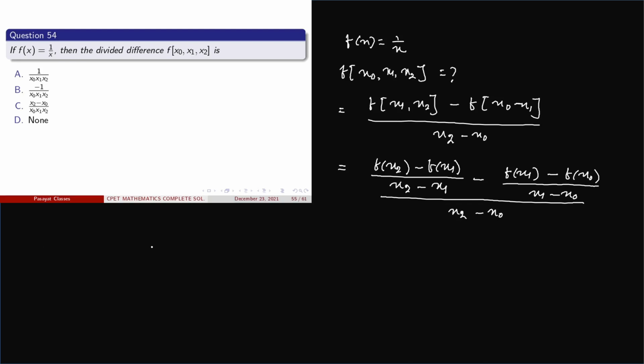Now we have f of x equal to 1 by x, so in place of x we write x2. So f of x2 is 1 by x2.